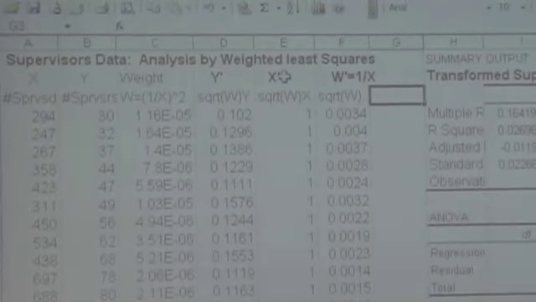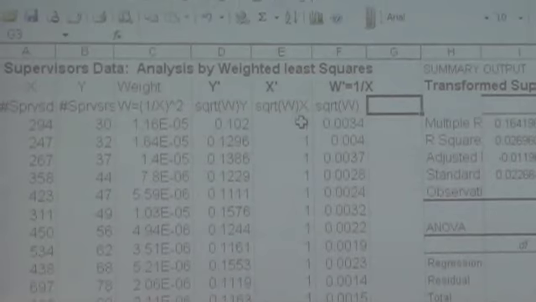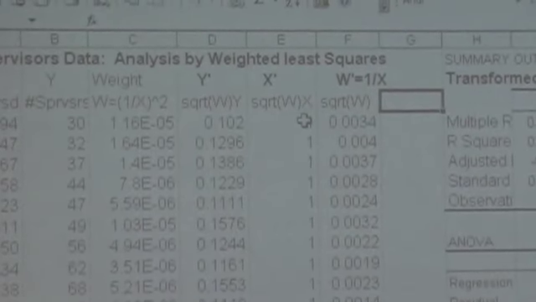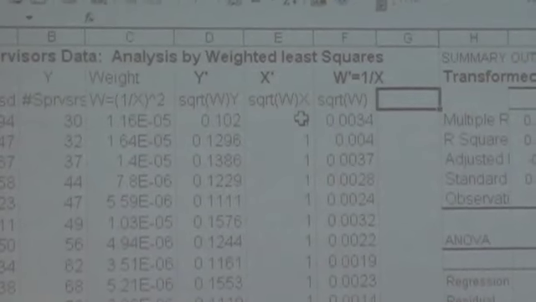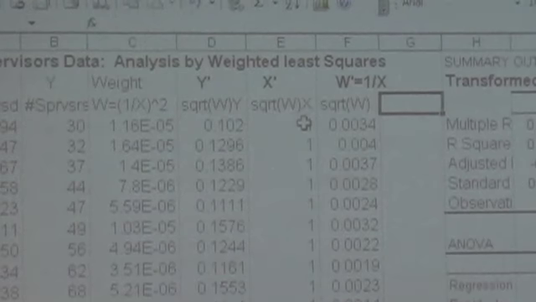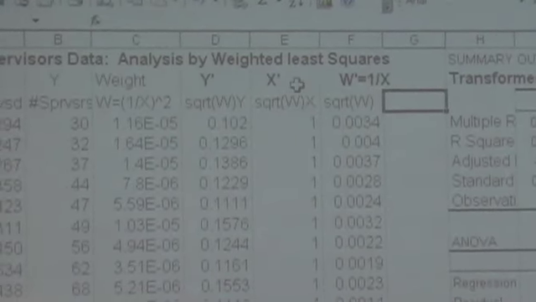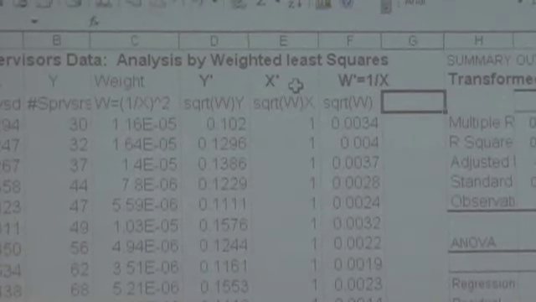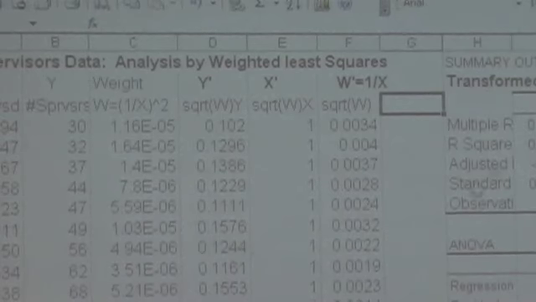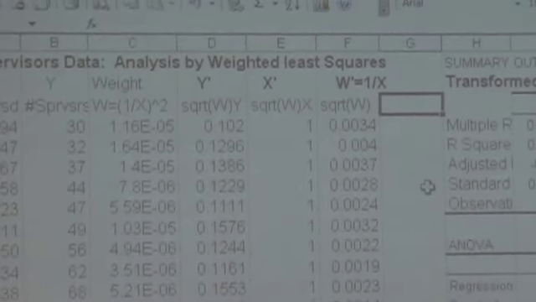Then x prime equals the square root of w times x. It is in fact just 1. Instead of calling it u, I'm calling it x prime. Instead of calling them z and u, I'm calling them y prime and x prime, and instead of the square root of w, I'm calling it w prime.